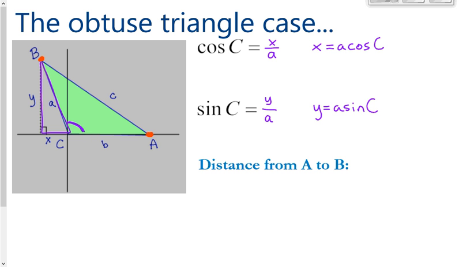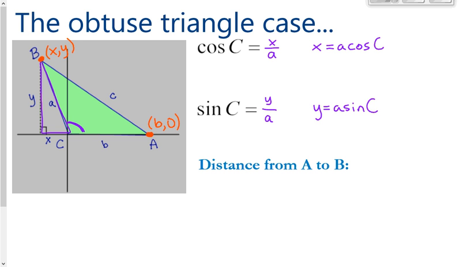So what are the coordinates of point A? Well, it looks like the x-coordinate is b. And since point A is lying on the x-axis, its y-coordinate is 0. And what are the coordinates of point B? Well, we went x units left, and then we went y units up. So we'll just say it has coordinates x, y.